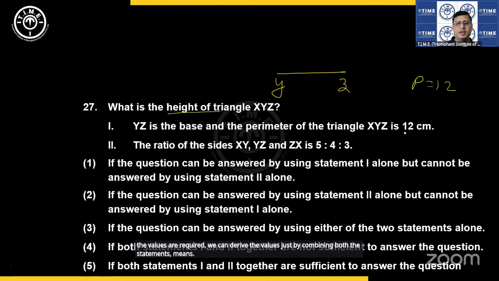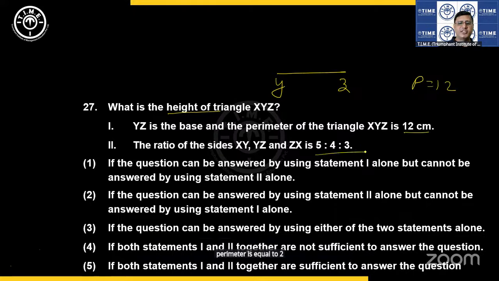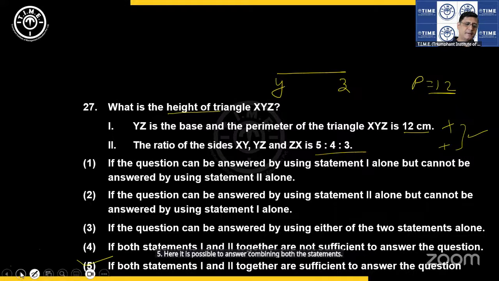Perimeter is equal to 12, and here the sides' ratio is given. The base is equal to how much here? 5K, 4K, 3K. 5K plus 4K plus 3K means 12K is equal to the perimeter given here. So combining both the statements, we can find the values. So what is the right choice? Again, option number 5. Here it is possible to answer combining both the statements. Next.